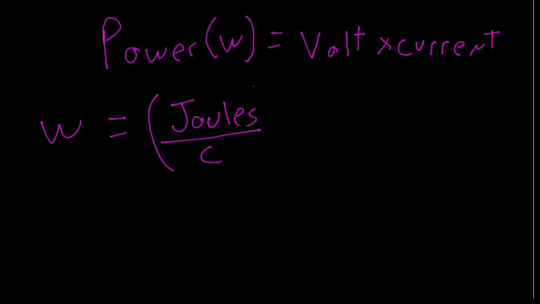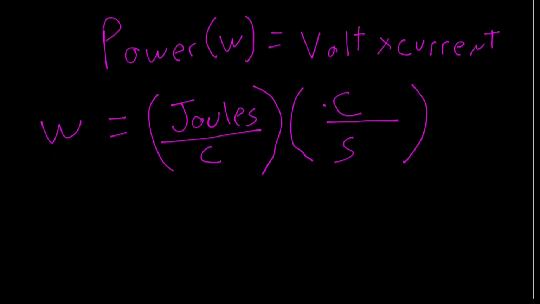So a volt is joules per coulomb, and we're going to multiply that by the current. And as you remember, current is a rate of the flow of charge, or the rate of flow of electrons. And that's expressed as coulombs per second.